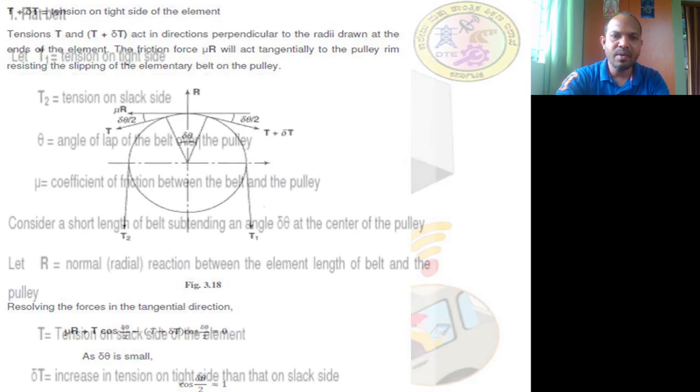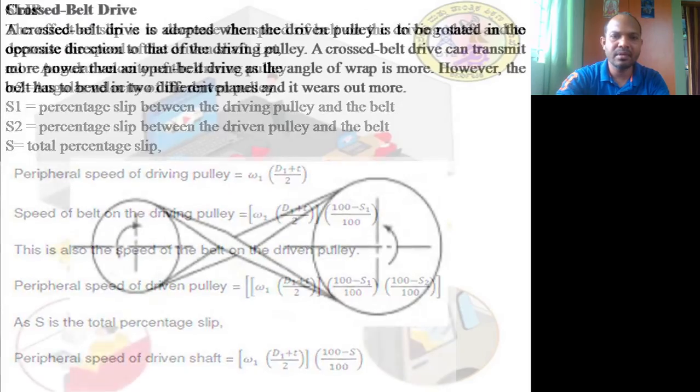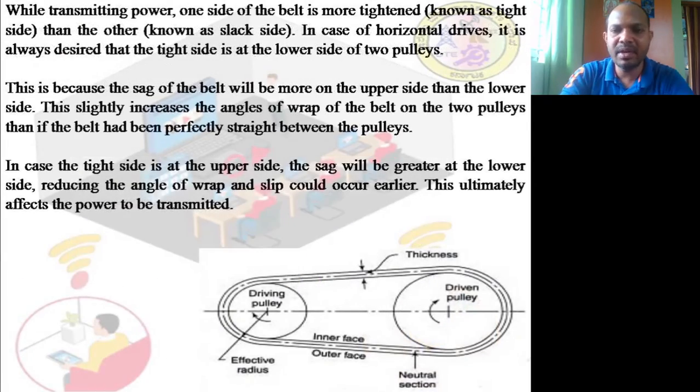Is it clear? Now I shall demonstrate it with the older figure. Here, the above one is the slack side and the below one is the tight side. Please be careful here. When the driving pulley is taking the bottom tight side of the belt, what is happening? At the tight side, the belt will be extended a little amount.